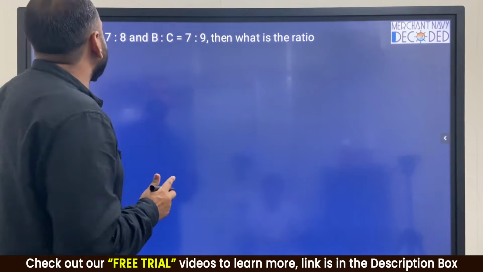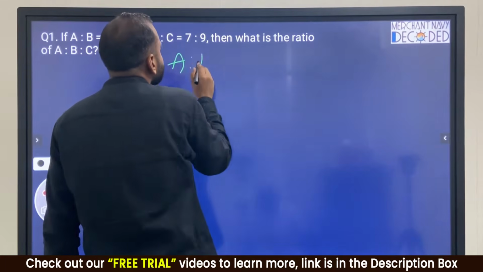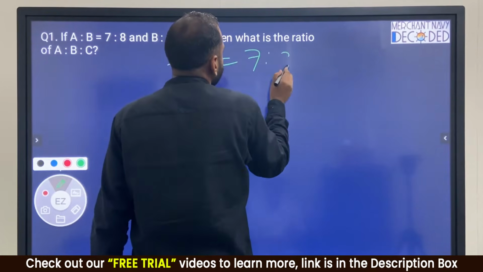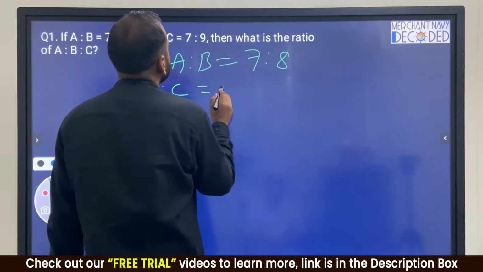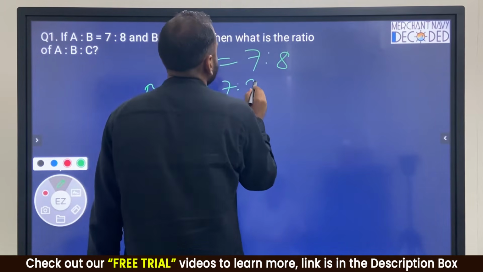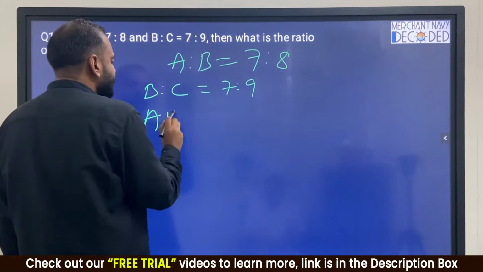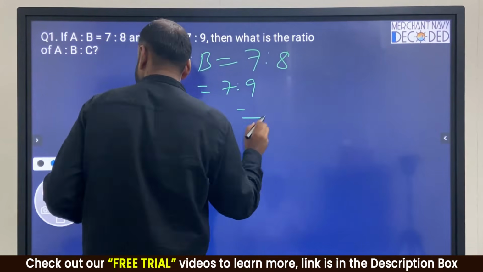First question: if A is to B is 7 is to 8, and B is to C is 7 is to 9, what is the ratio of A is to B is to C?